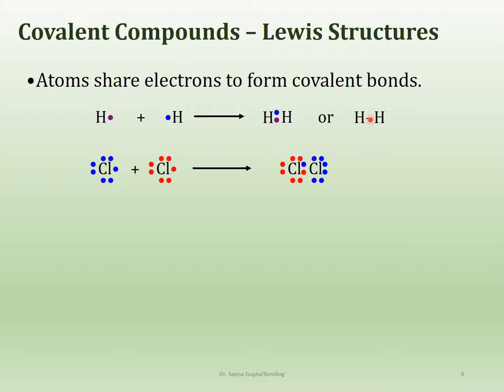The bonding here is shown for one pair of electrons, so you can show the same thing for chlorine also. But anyhow, at any time, if you count the total number on this chlorine, it should be 8. And then if you count the number of electrons on this chlorine, it should be 8. And you have to count the shared electrons also.